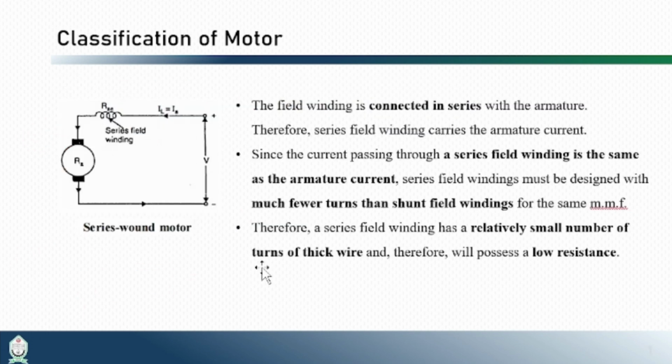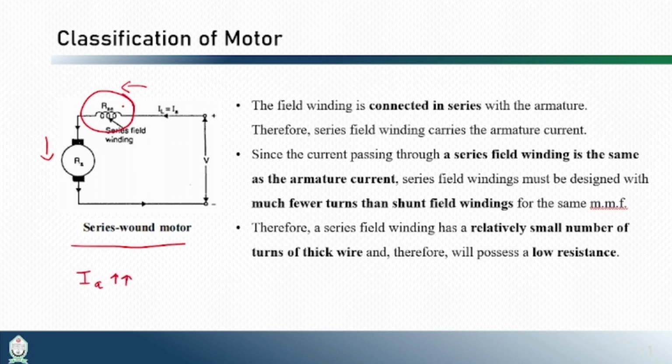Then let us have a discussion about series wound motor. Okay, in our series wound motor, the series field is connected in series with the armature. So the current that is flowing through the series field and the current that is flowing through the armature is the same current, and as our working principle demands, the armature current should be as high as possible.